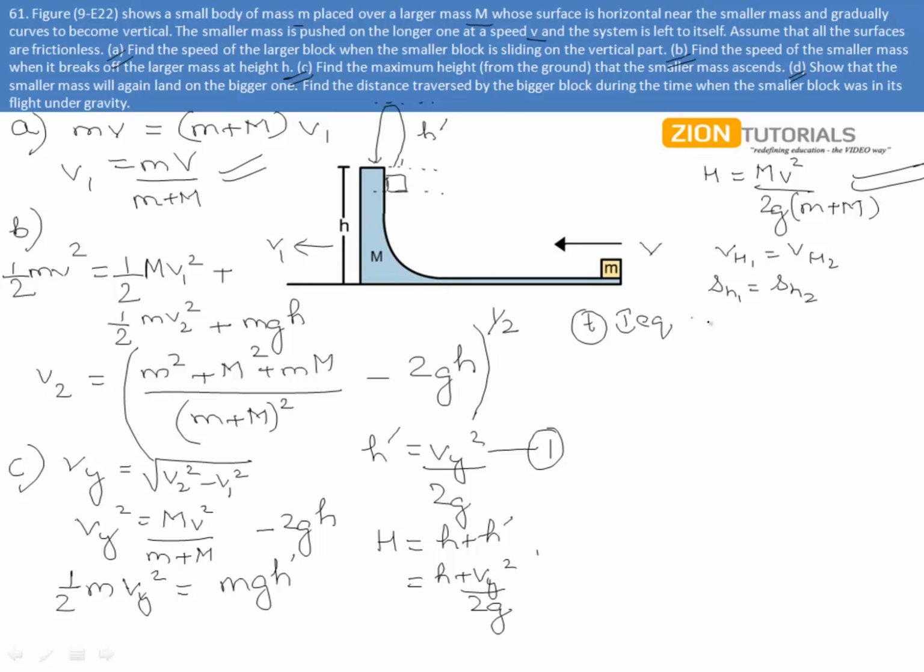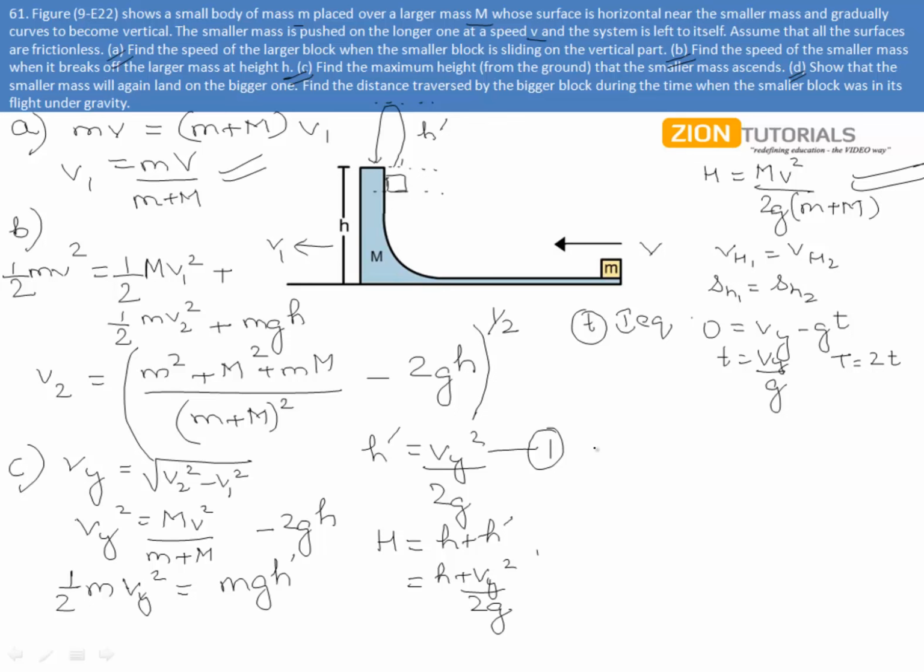So the final velocity is 0, and I may write 0 equals Vy minus gt, giving me the time to be Vy by g. But friends, this is the time it took to reach the highest point. The total time is twice of t. So I can write down that capital T is twice of t.